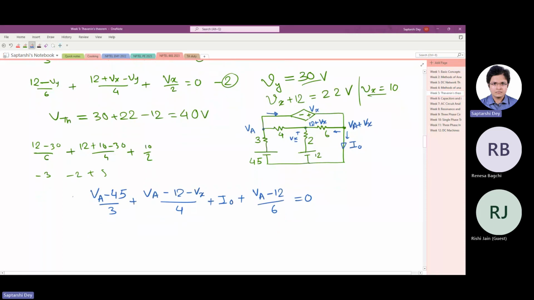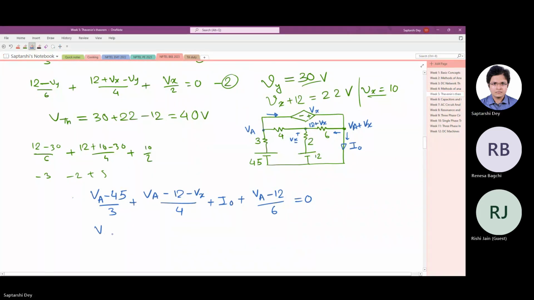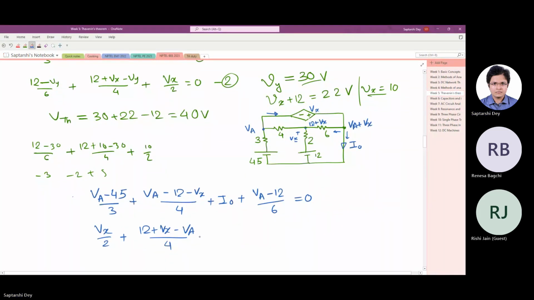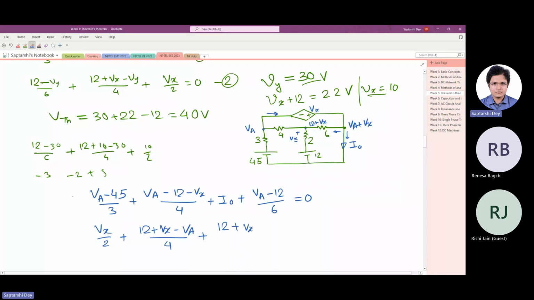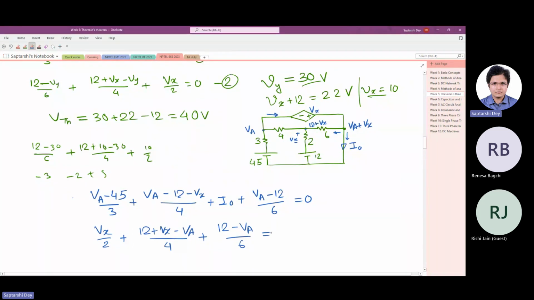And for the other one, if I write, what we have is 12 plus Vx minus 12, so Vx by 2, plus 12 plus Vx minus VA by 4, plus 12 plus Vx minus VA minus Vx, so 12 minus VA by 6 equals 0.